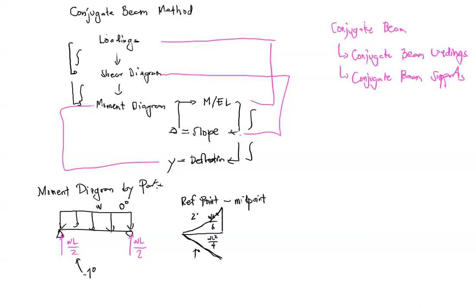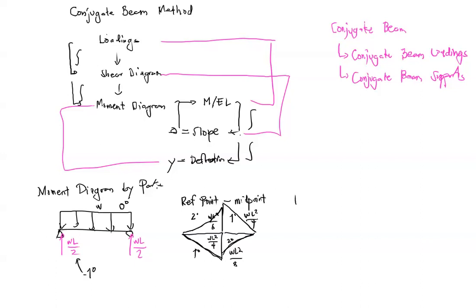Hindi magandang pang demo. Pero sige, pwede naman natin ulit. So meron akong WL squared over 8 dito. Then meron akong WL squared over 4. Pero ito ay 2 degrees. Ito ay magiging 1 degree. So yan yung moment diagram by parts, kung ang reference point mo ay midpoint.